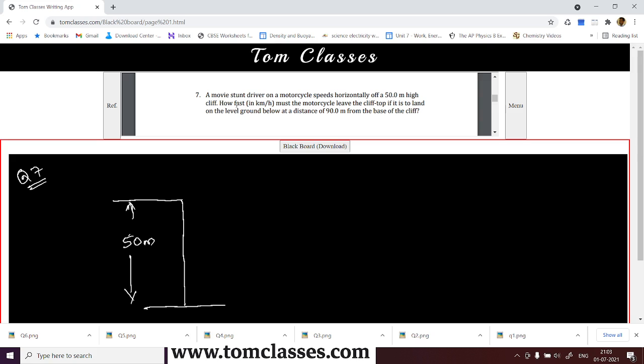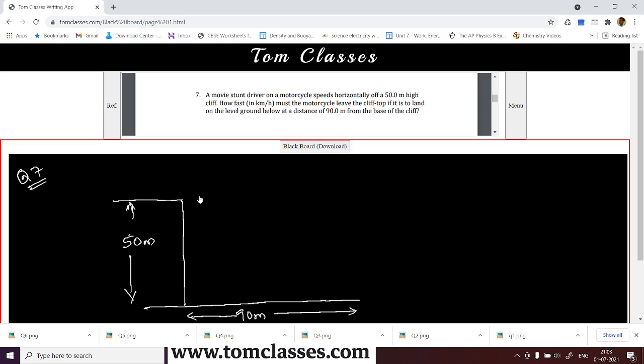How fast in kilometer per hour must the motorcycle leave the cliff top if it is to land on the ground below at a distance of 90 meter? So this distance is 90 meter, and that far this bike has to be from the base of the cliff, right? This speed we have to calculate horizontally off.